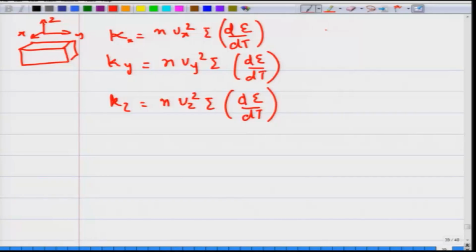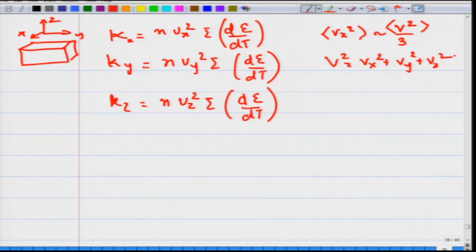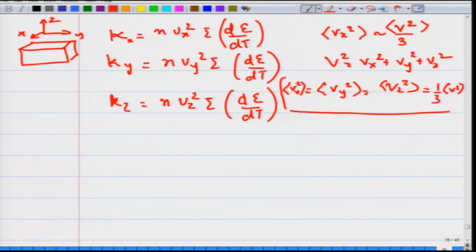So, we will consider that the average velocity in the x direction is roughly 1/3 the total mean velocity, where V square is Vx square plus Vy square plus Vz square. Similarly, the velocity in the y direction is going to be equal to the velocity in the z direction, will be 1/3 of V square, which is equal to Vx square. So, this is a well known thing that you do in the kinetic theory of gases.